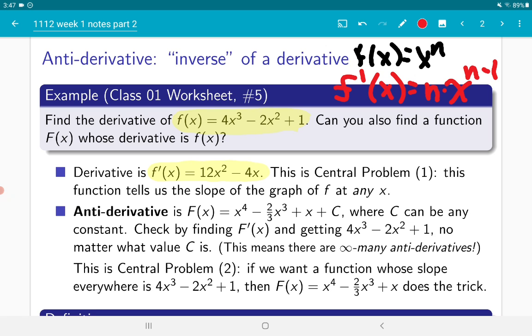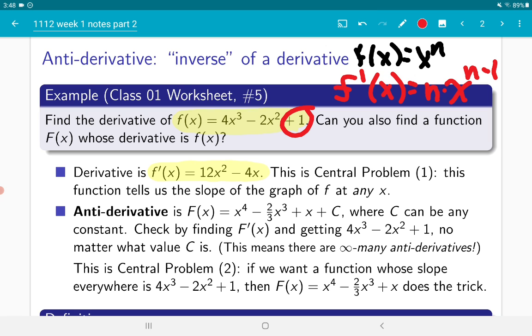And other rules we have are, for 4x cubed, the derivative of that is going to be 4 times the derivative of x cubed itself. So when I apply that here, the 3 drops down, and 3 times 4 is 12, and then the exponent 3 shrinks into a 2. And similarly here, the 2 drops down, 2 times 2 is 4, the 2 shrinks to a 1, and I have x to the 1.